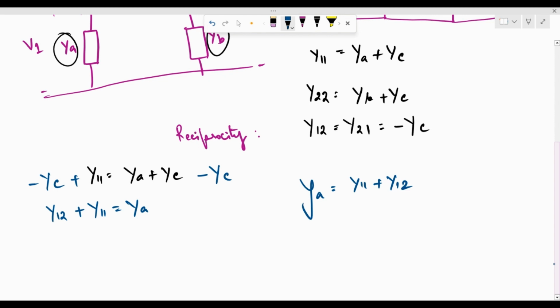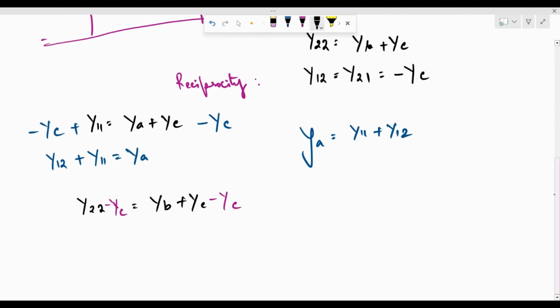On a similar note, I can find out the expression for YB. So we see that Y22 is equal to YB plus YC. Again, if I subtract YC from both the sides, what I will get finally is YB will remain on the right hand side.